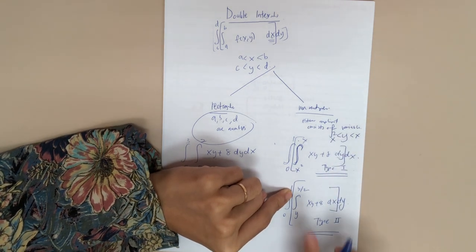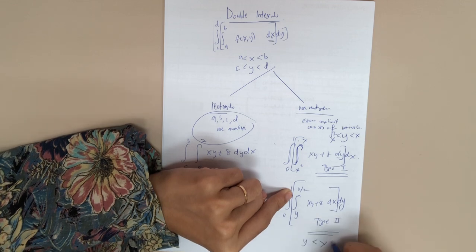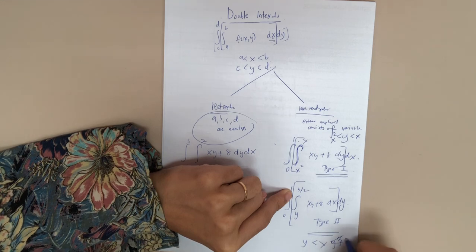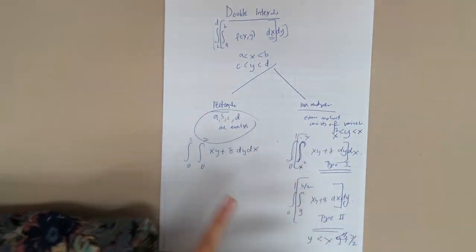For type 2, this is your x limit, so your x limit is between y over 2 and y. Type 1, type 2. Make sure you are clear on that.